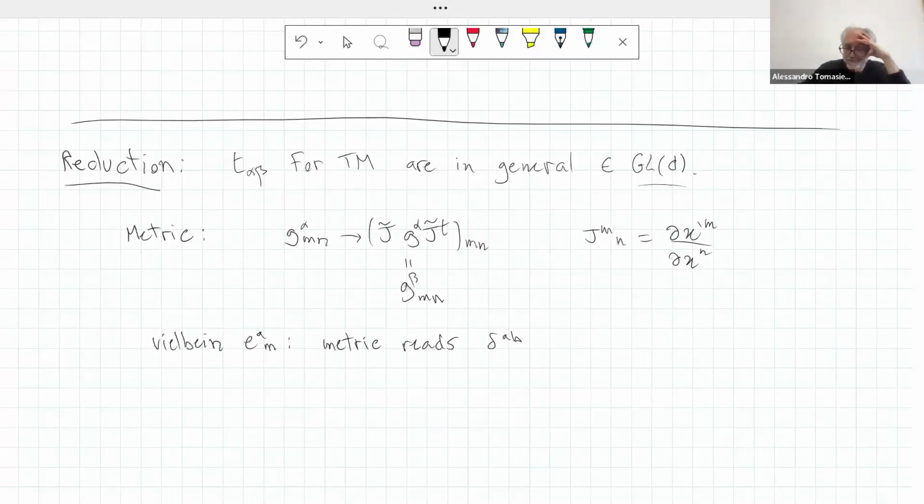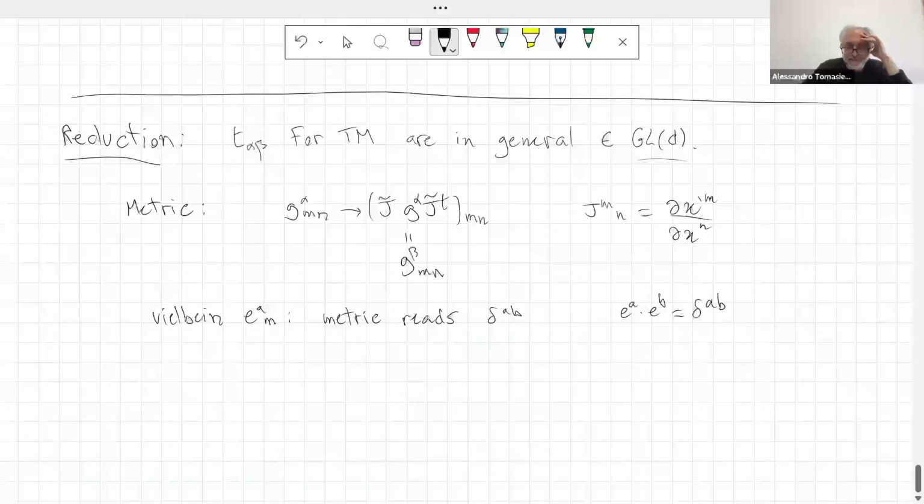It's like the identity. What this means is that the inner products just behave like delta AB. But of course, this was the definition. But now think about it.